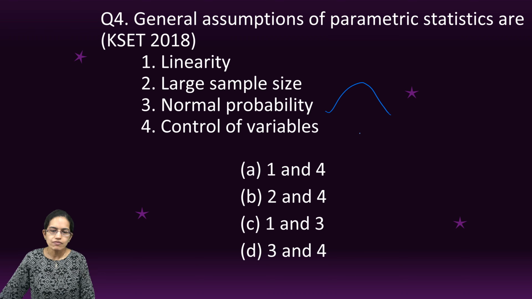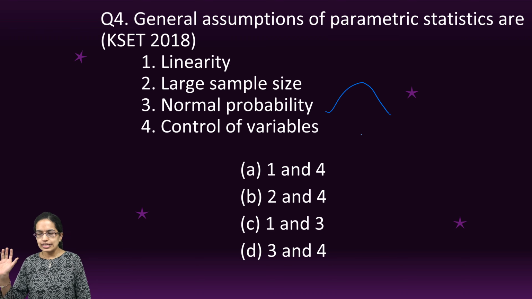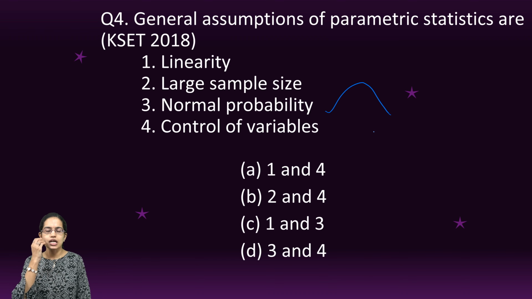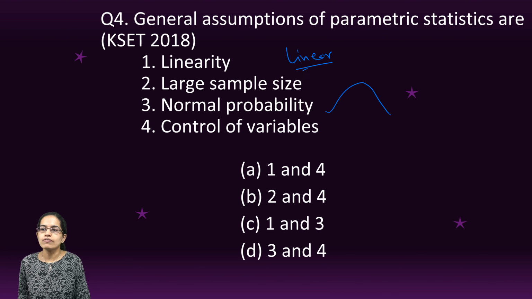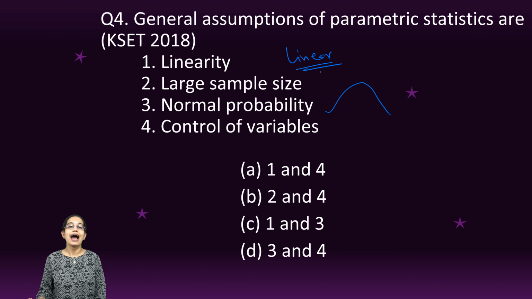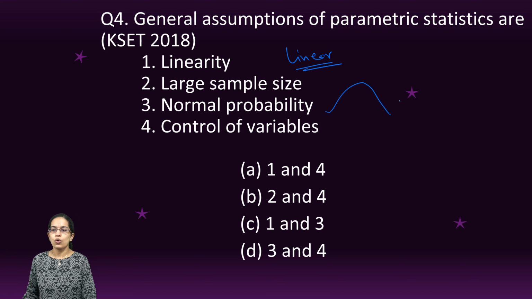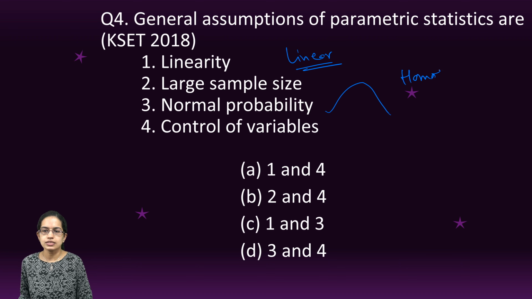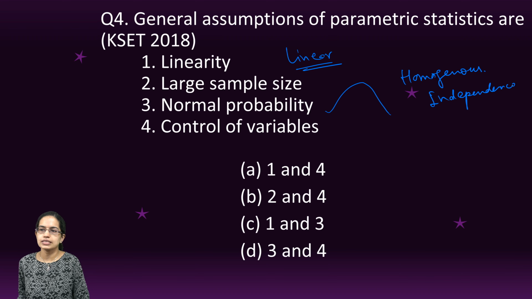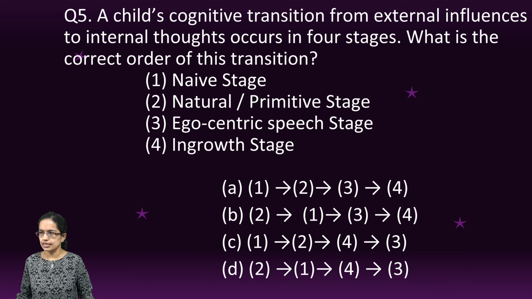Then you have linearity, which is a linear relationship with the data, and independence of data. So homogeneity of variance, and you would have independence of data. Those are some of the major characteristics of parametric statistics that are taken into account.